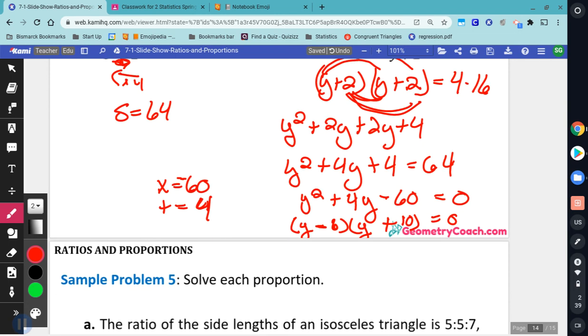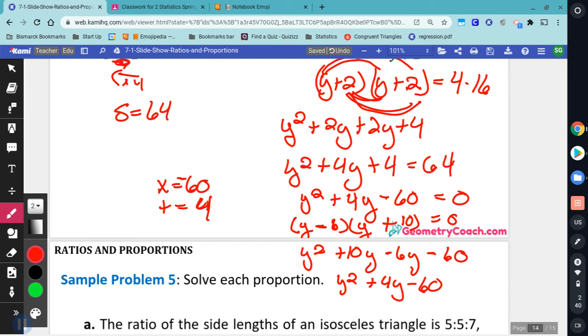Now if I redistributed that, I should end up where I started. So if I do y minus 6 times y plus 10, negative 6 times y, negative 6 times 10, so I get y squared plus 4y minus 60. Okay, so it did work. So now, what's the answer? There's two.